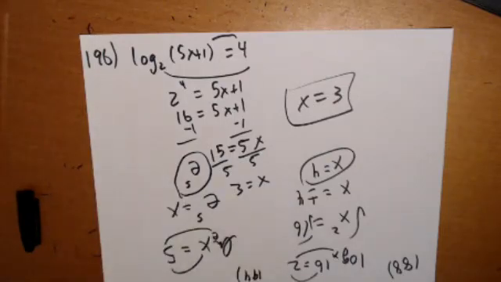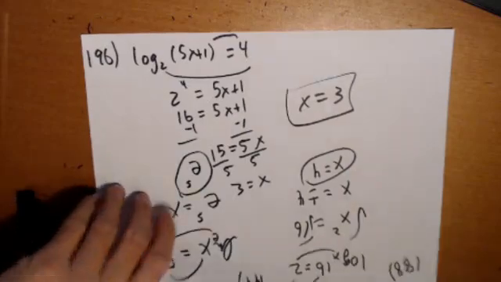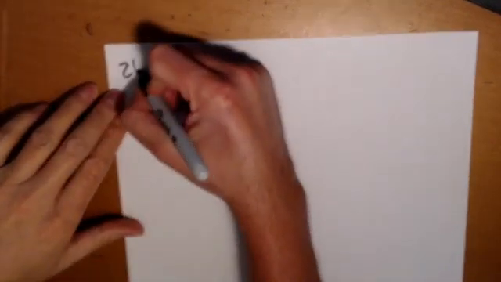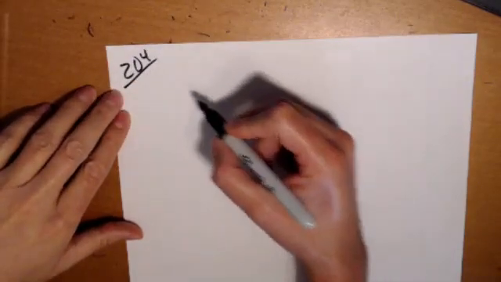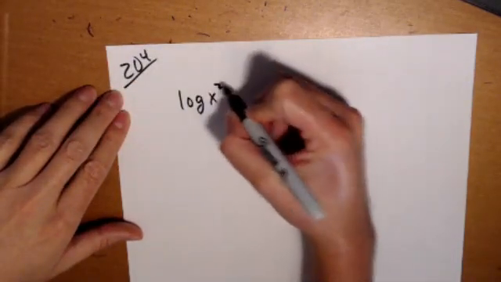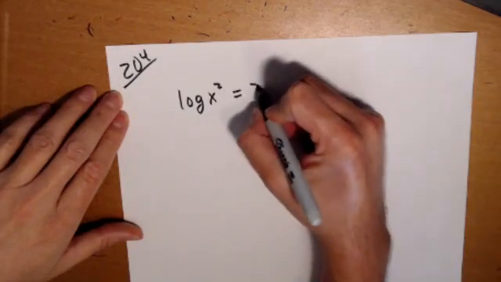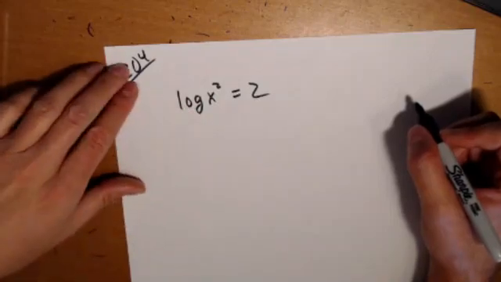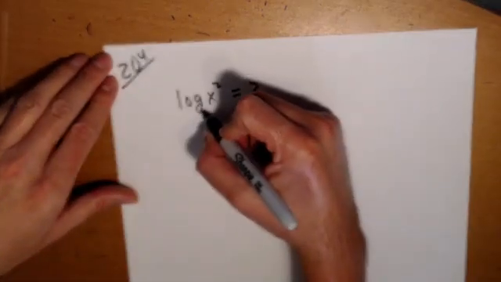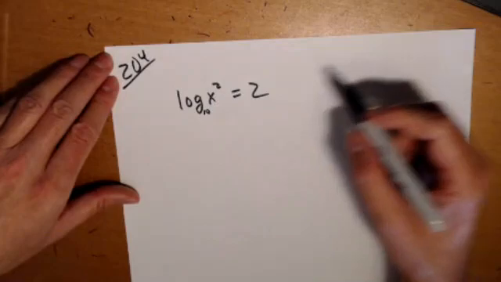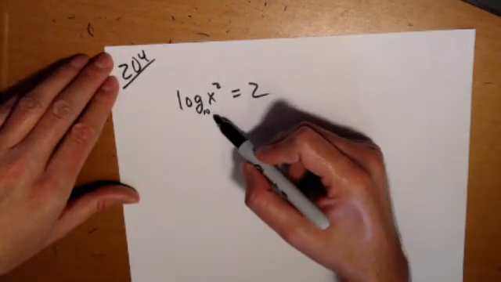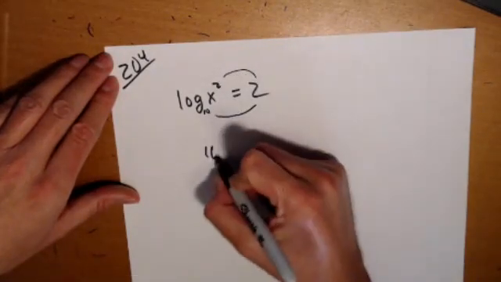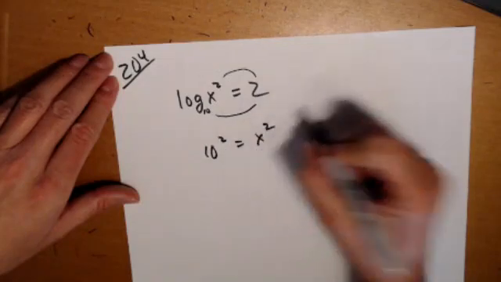Let's try 204. Log of x squared equals 2. If it just says log, that means log base 10. Okay, let me put the little 10 there. So let's unravel it. 10 squared equals x squared.